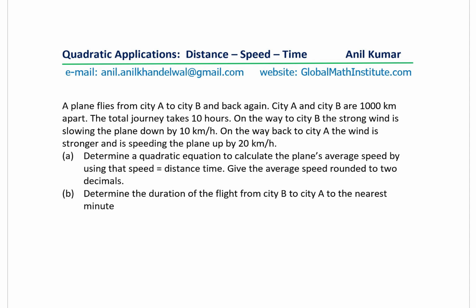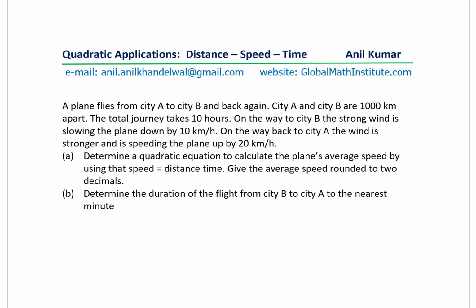The question here is, a plane flies from city A to city B and back again. City A and city B are 1000 kilometers apart. The total journey takes 10 hours. On the way to city B, the strong wind is slowing the plane down by 10 kilometers per hour.